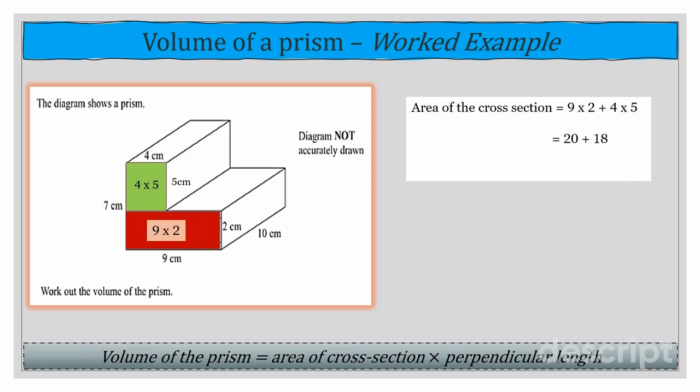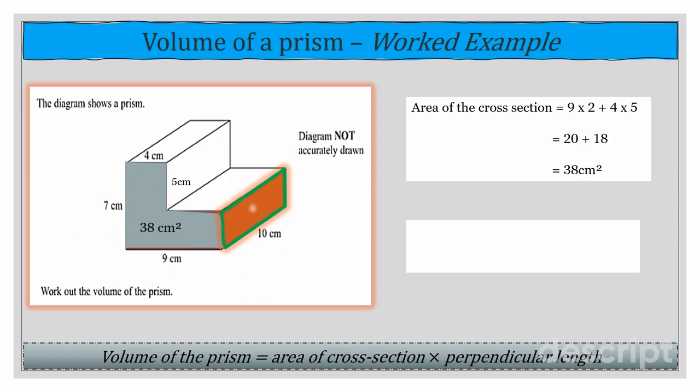The areas of the two different shapes will be 20 plus 18, which, if I add them, gives me the area of the entire cross section. It's an area of 38 centimeters squared. To find the volume of a prism, as we know, it is the area of the cross section times the perpendicular length. So the area, which is 38 centimeters squared, times my perpendicular length, which is 10 centimeters, is going to give me the answer of 380 centimeters cubed. And that's how I'll find my answer.